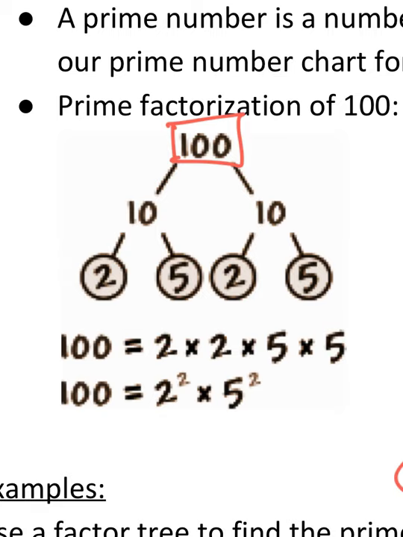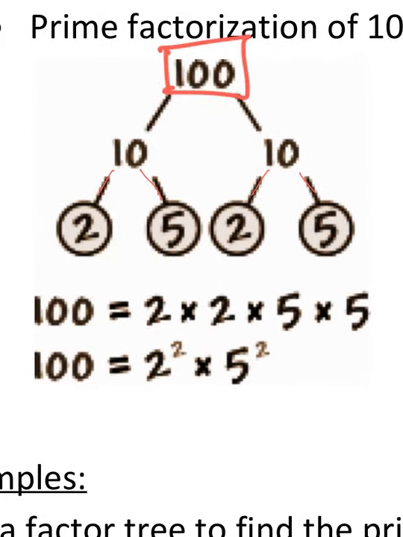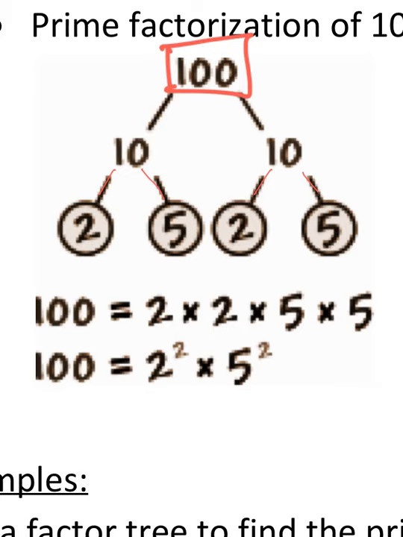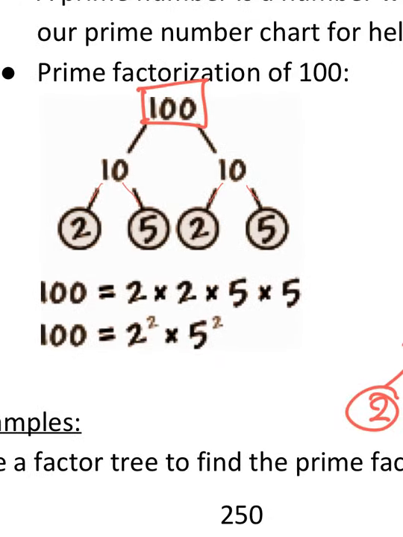So the factors of 100 will be 10 and 10, and then each 10 you factor more, you get 2 and 5. 2 times 5 is 10, and then another 2 times 5. And then we have these numbers written down in expanded form, which is 2 times 2 times 5 times 5.